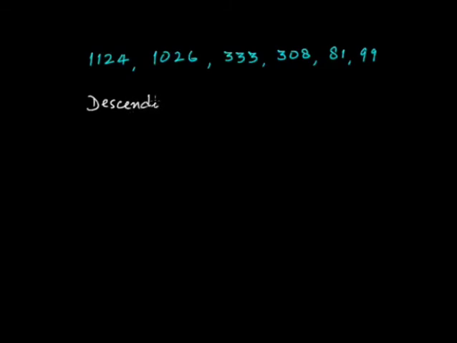Let's take some more examples. We have 6 numbers, and this time first take descending. Descending means starting from the largest and moving towards the smallest.